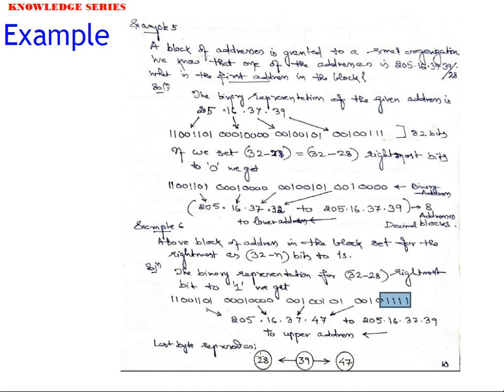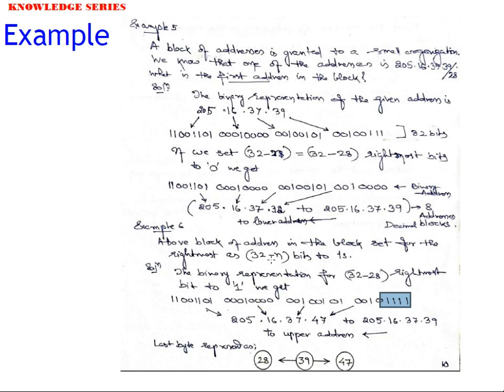This comes as 32 because it is 1 2 3 4 5, so 2 to the power 5 is 32. This is for your correction purposes. So it starts from 32 and goes up to 47, and between 32 and 47, the intermediate value is nothing but your 39.